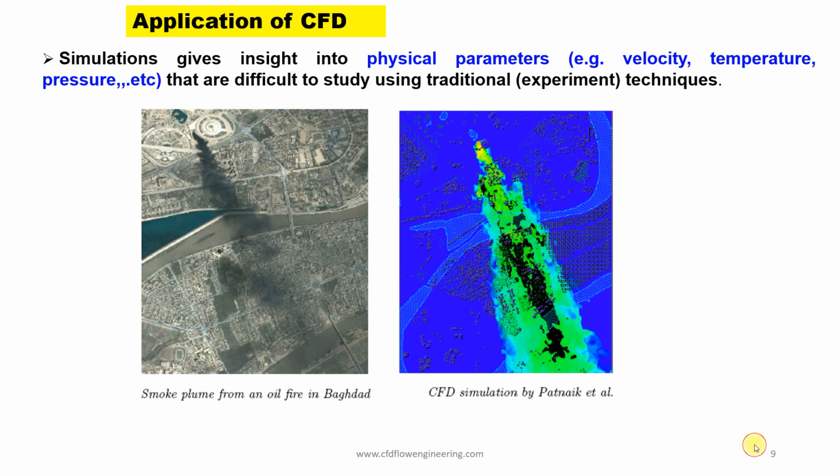CFD plays a role to find out this smoke pattern, and the smoke pattern predicted by CFD simulation is quite similar to the actual phenomenon. This implies that CFD would replace experiment up to a certain extent.